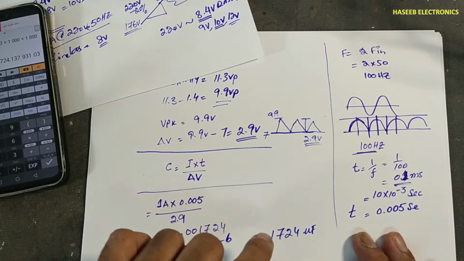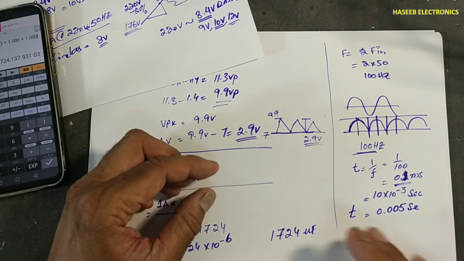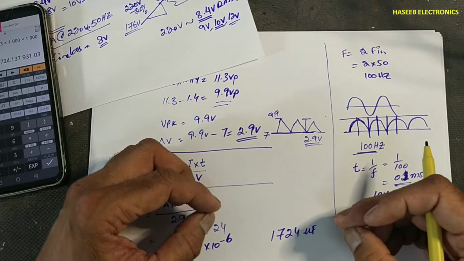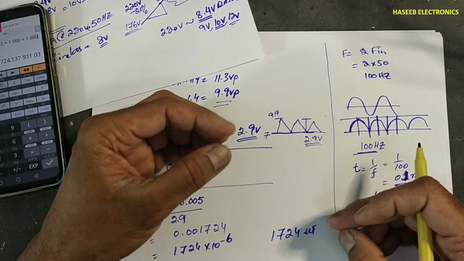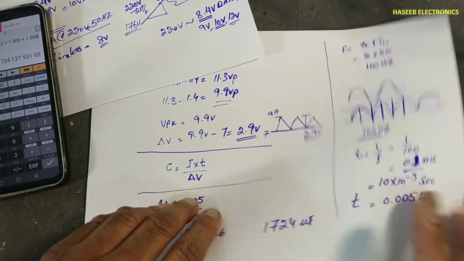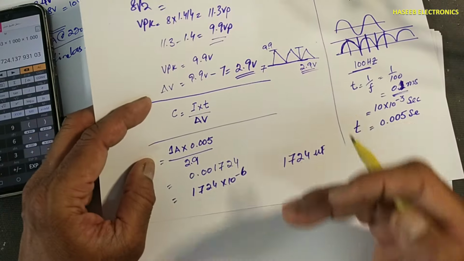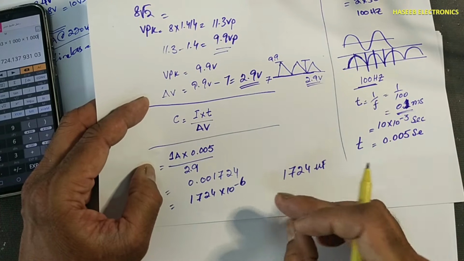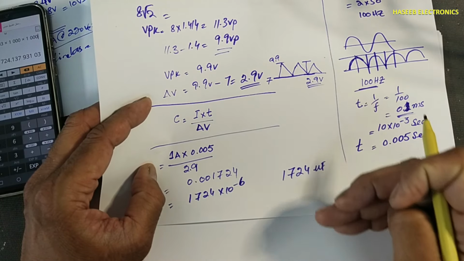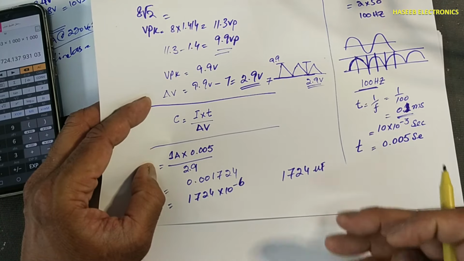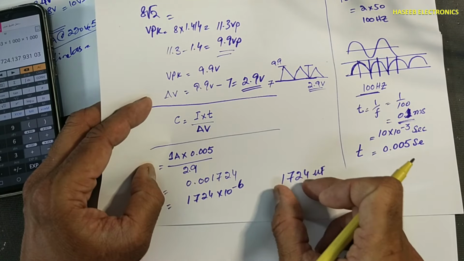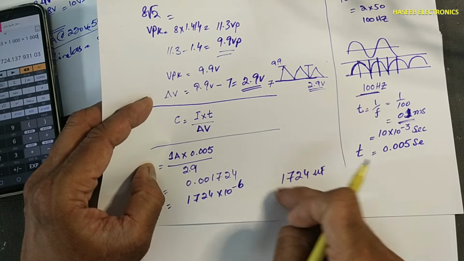Remember that each capacitor has a tolerance. When we are considering a capacitor, we must consider the negative tolerance. If the original capacitor is 1724, it might be 20% less or more than this. If it is less, it will not provide this capacitance.